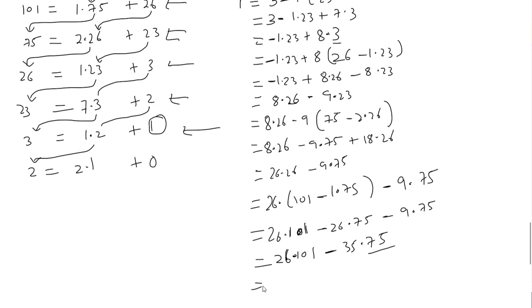So that will be equal to 26 times 101 minus 35 times 4620 minus 45 times 101.